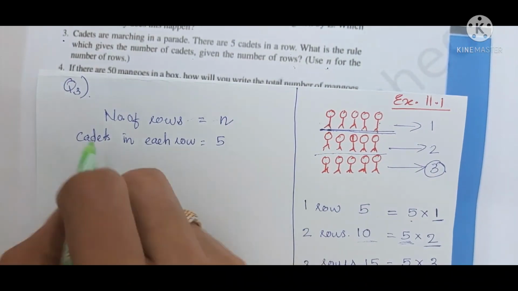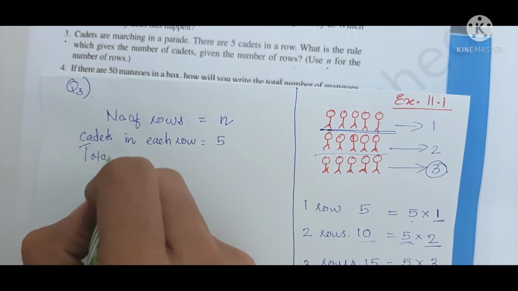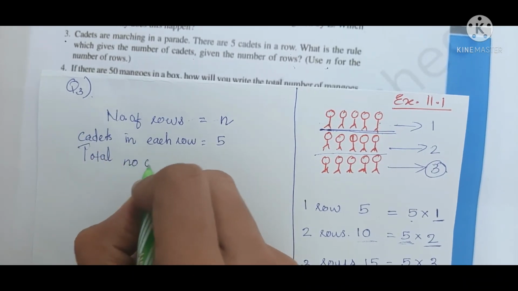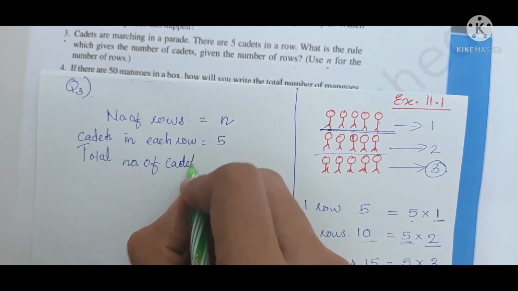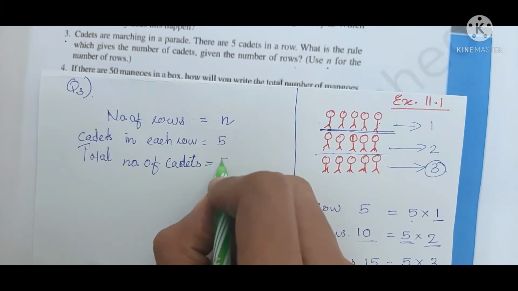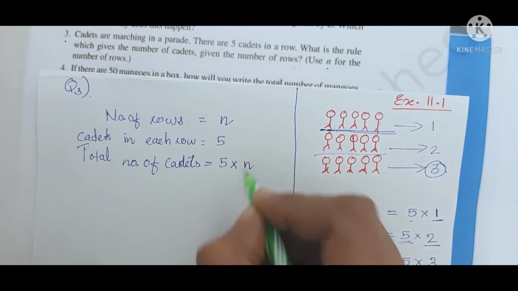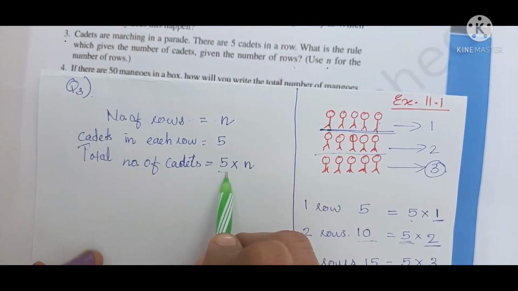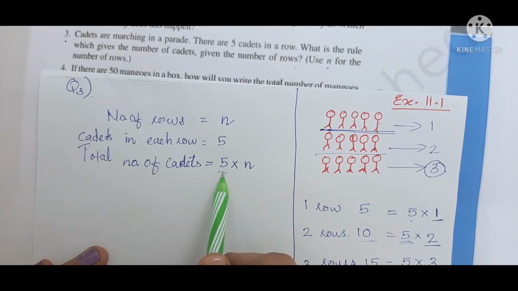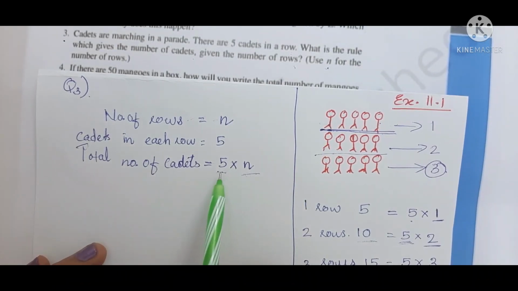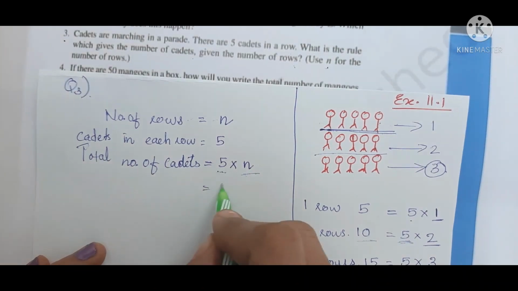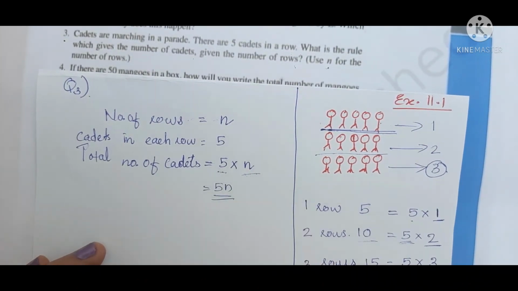Okay, so the total number of cadets is equal to 5 into n. Here 5 is the number of cadets in one row and n is the total number of rows. Okay, so the rule will be 5 into n, that is 5n.